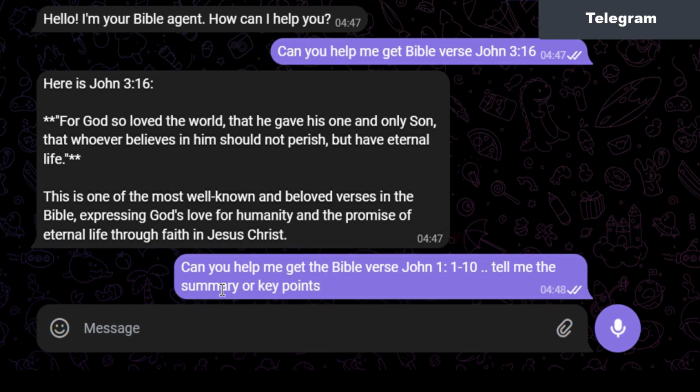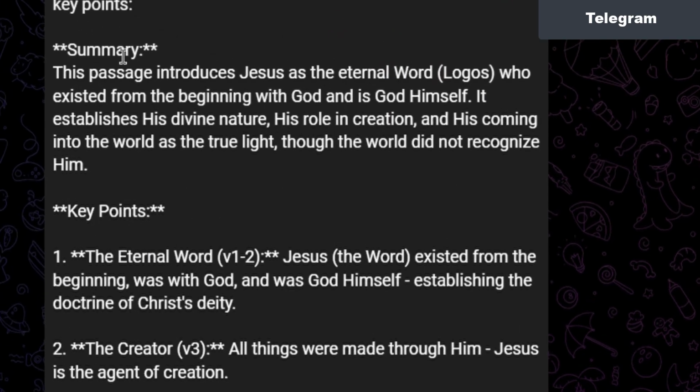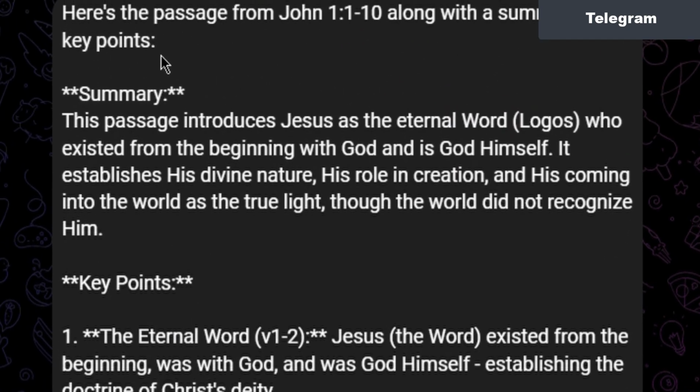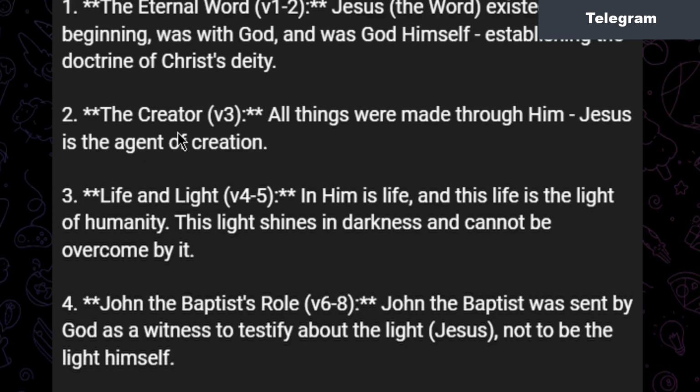So other than grabbing the data, you can also come up with some method or ways to ask the large language model to process, summarize, or do something with the data they get. As you can see, here's the passage from John, the summary and the key points. The summary introduces Jesus, the eternal Word, who exists from the beginning with God, and God himself established the divine nature in the Word. There are a couple of key points regarding each verse.